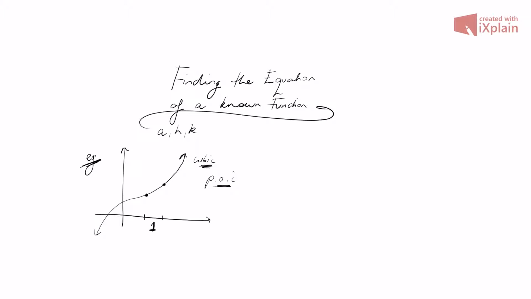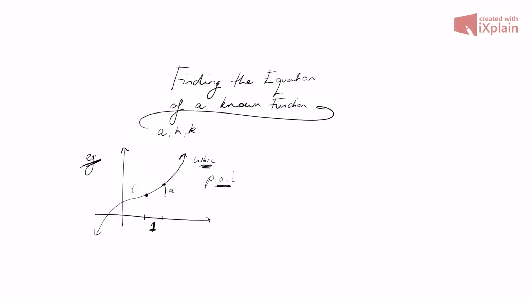Because we know when we're sketching functions of this kind that if we go across one, then we have to go up a. So if we've got a point that's one step across from the middle point, we can see a as well. Let's just have a go.